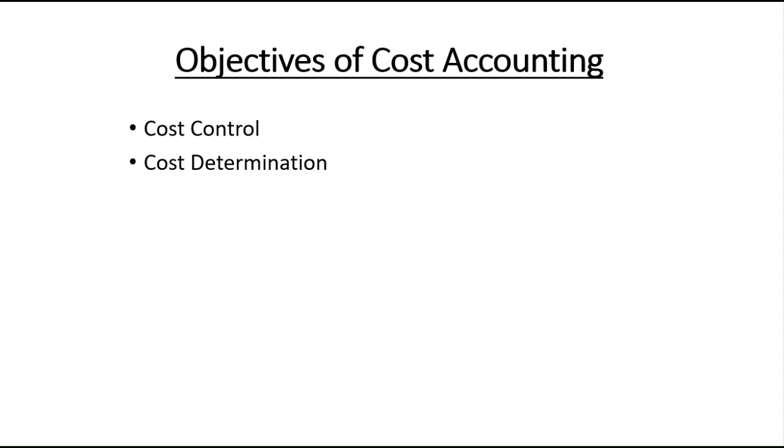The next objective is cost determination, which assists in determining the cost of products, services, or operations. Take an instance where we need to determine the price of a product or service which we intend to sell. Without proper information about the cost incurred, it would be very difficult to fix the price.